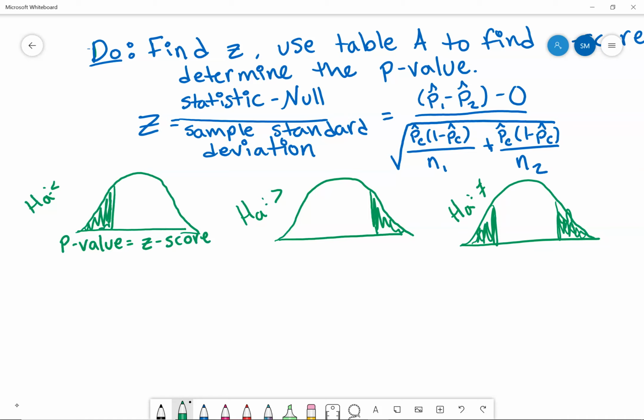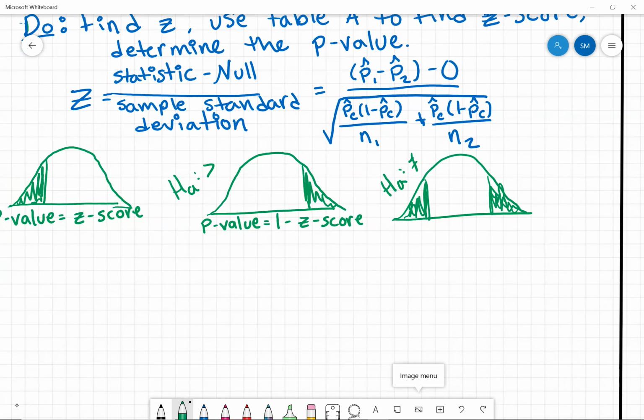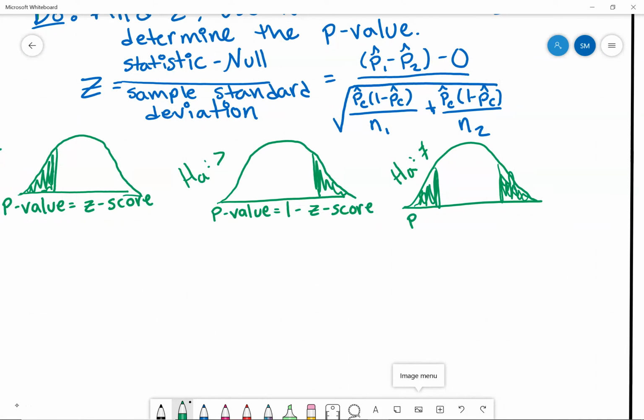If your alternative hypothesis is greater than, then your p-value is 1 minus the z-score. And if your alternative hypothesis is not equal to, then your p-value is equal to 2 times the z-score. Remember that the z-score is the number that you get in the table.